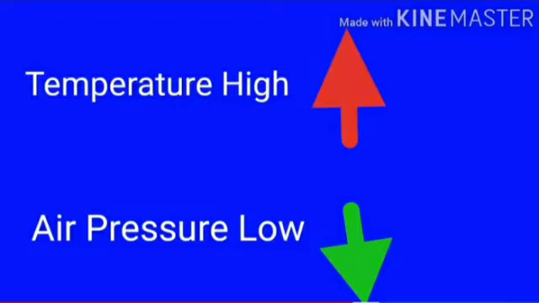Whenever the temperature is high, the air pressure will be low, and when the temperature is low, the opposite, the air pressure will be high. Understood this, student? How are temperature and air pressure related to each other? They are always oppositely related to each other. If temperature is high, air pressure is low, and if temperature is low, air pressure is high.